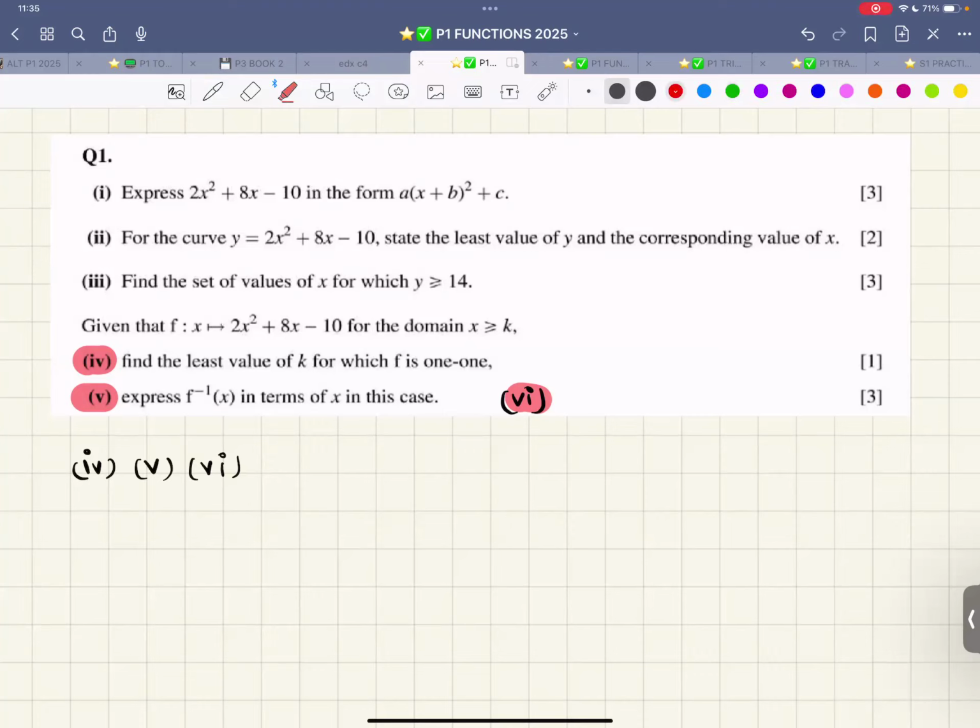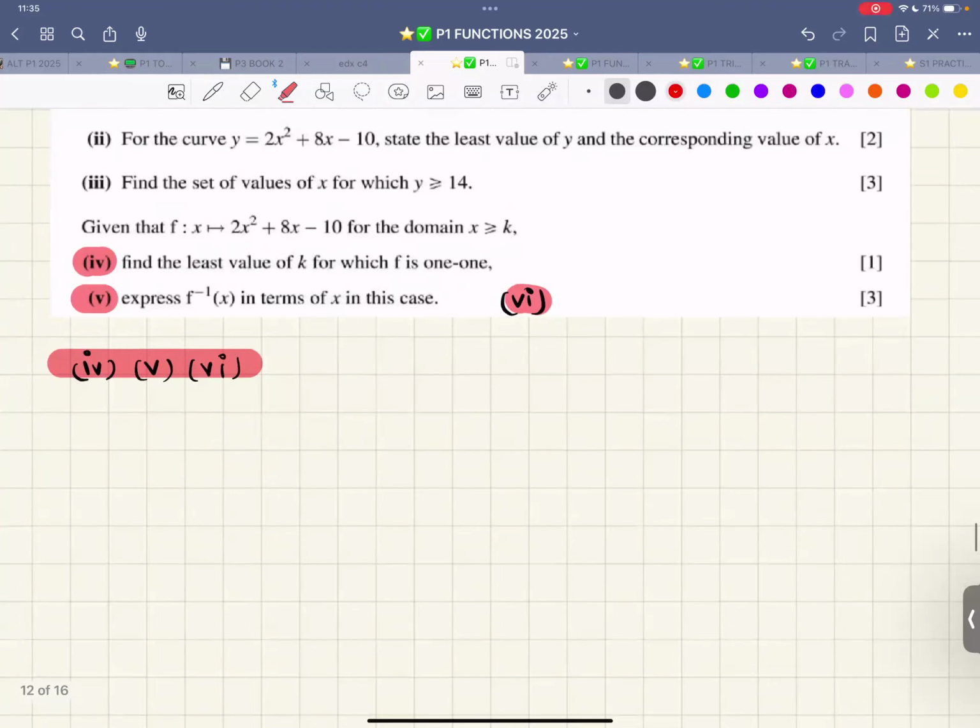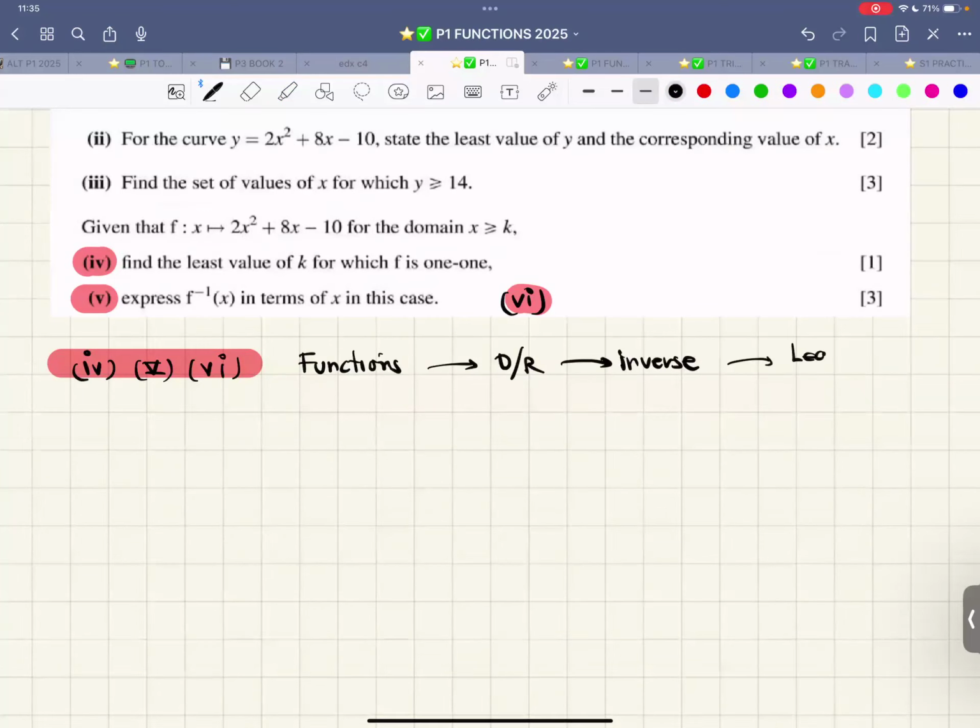For all these things, this is related to functions. It's about domain and range. It's about inverse. It's about least and greatest values, and so on. And the greatest and least values are again related to the domain.